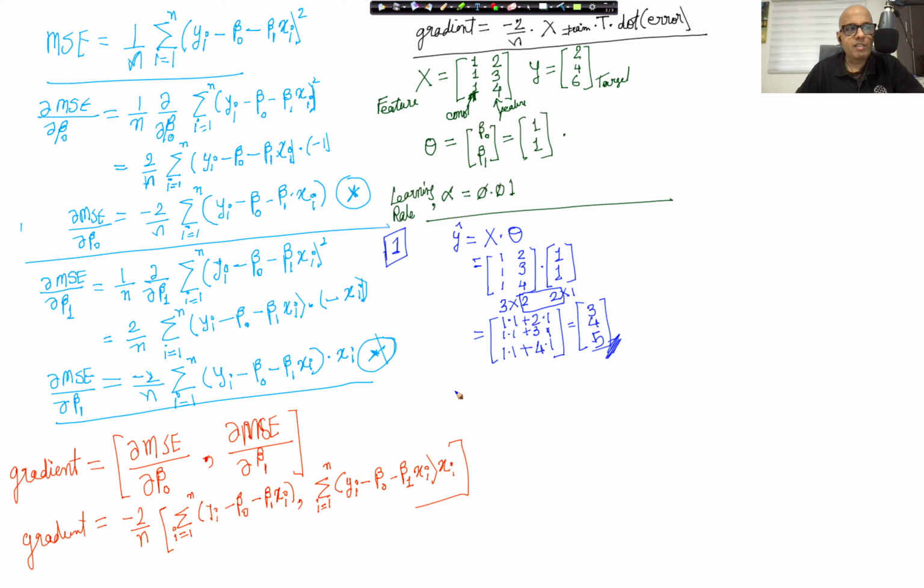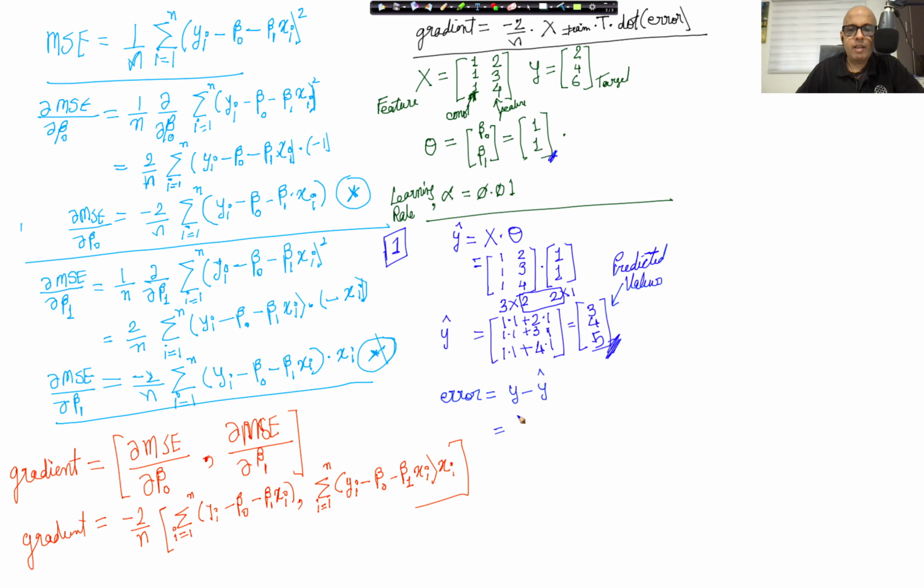Next step is to calculate the error. So let me write it down. These are the predicted values after the first iteration with these initial values of beta 0 and beta 1. We can see how far they are by calculating the error, which is simply the difference between the actual value and the predicted value.